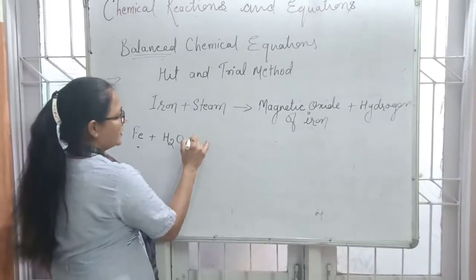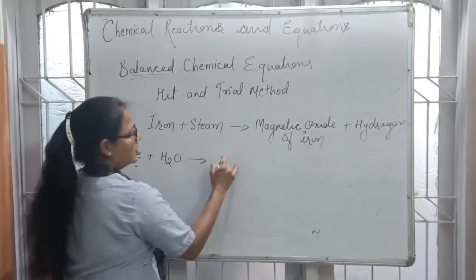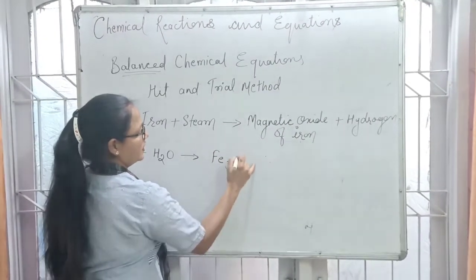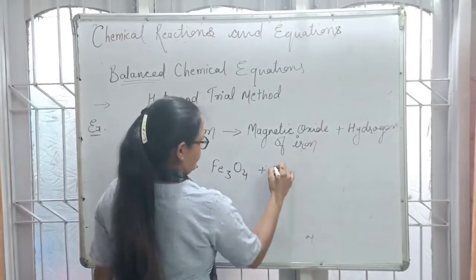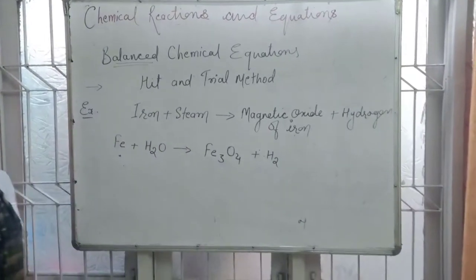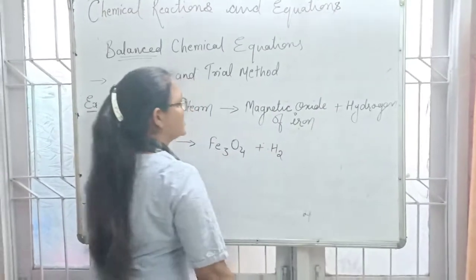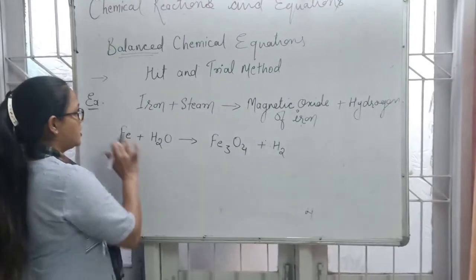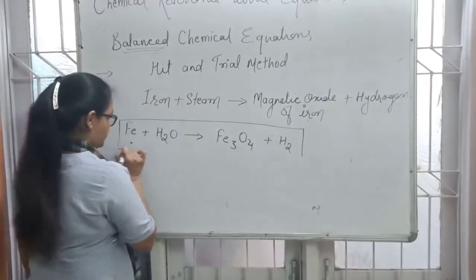Then the formula of magnetic oxide of iron, that is Fe3O4, and hydrogen H2. Now I want to balance this chemical equation. This is my skeletal reaction.